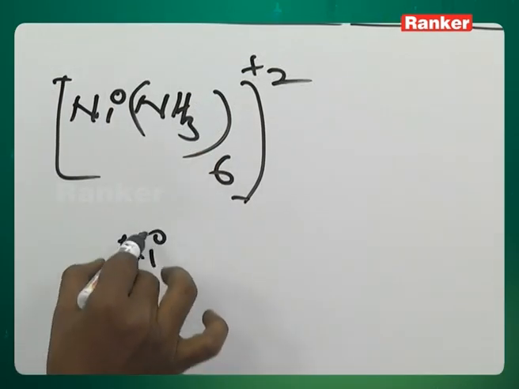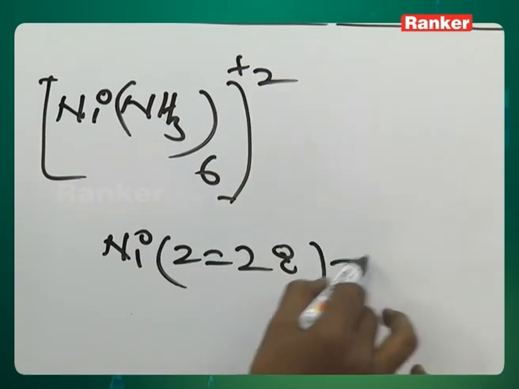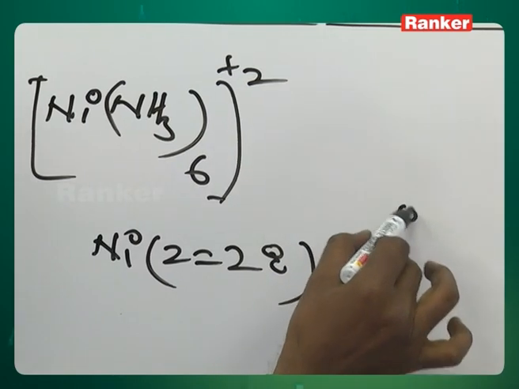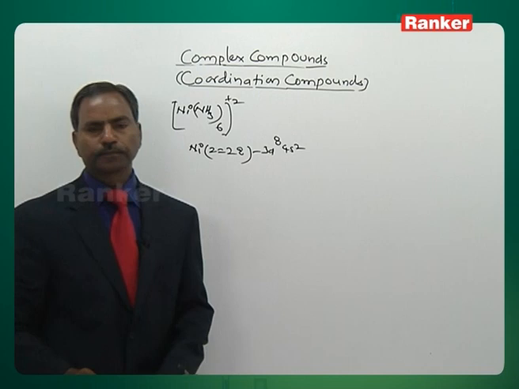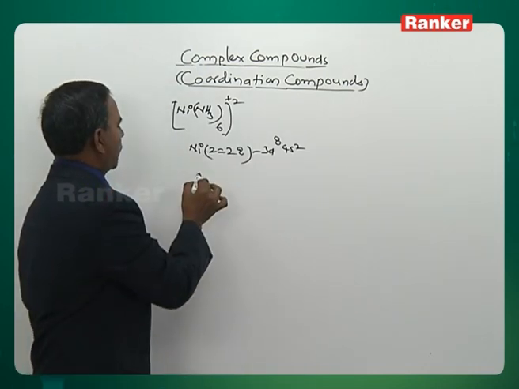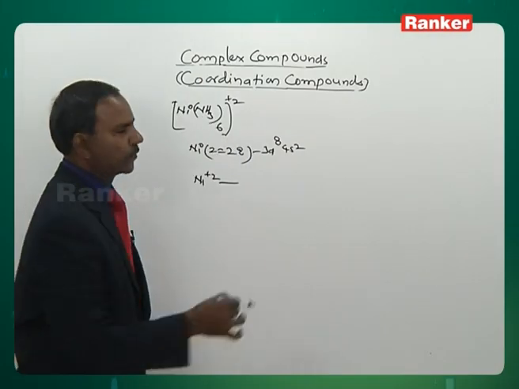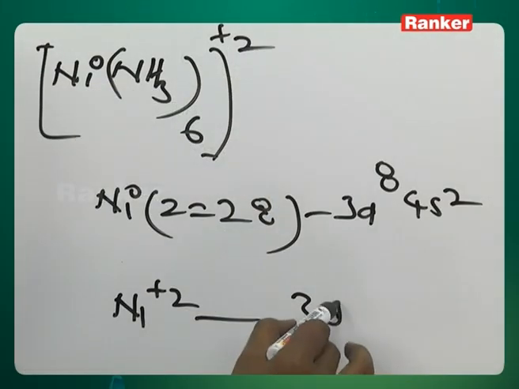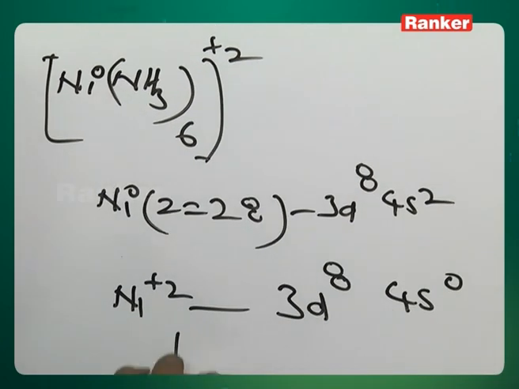Let me write nickel, that is equal to 28. Its configuration is what? 3d8 4s2. Next, nickel is in plus 2 oxidation number. Then the remaining configuration is what? 3d8 4s0.